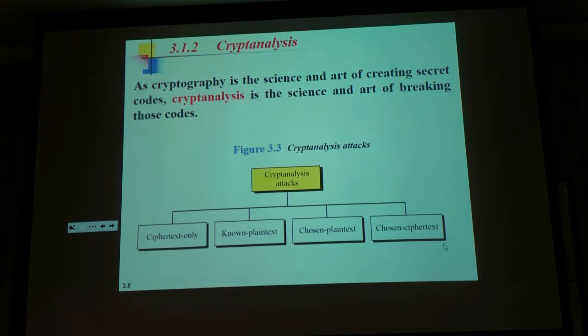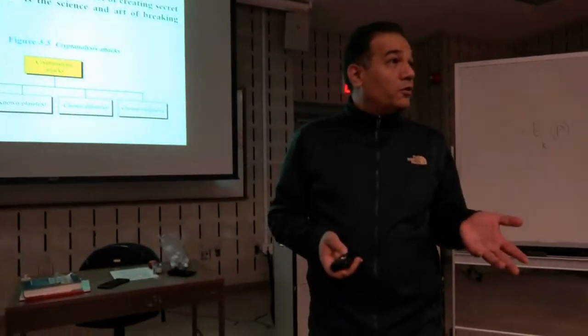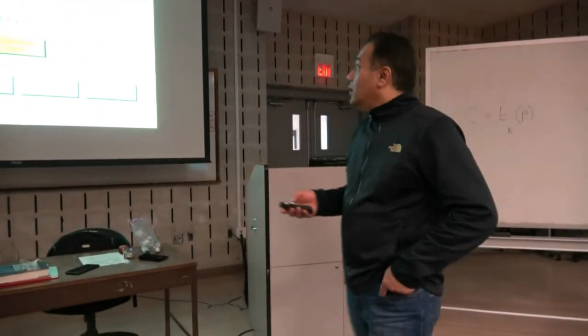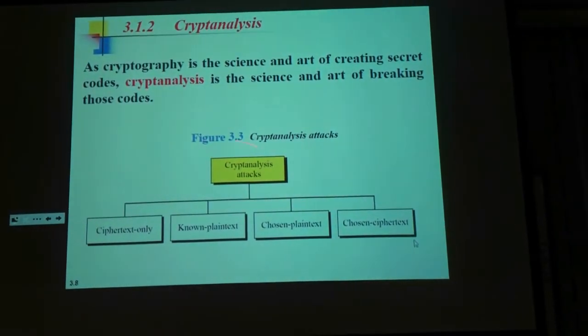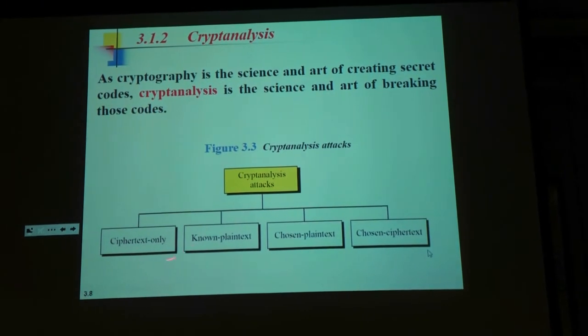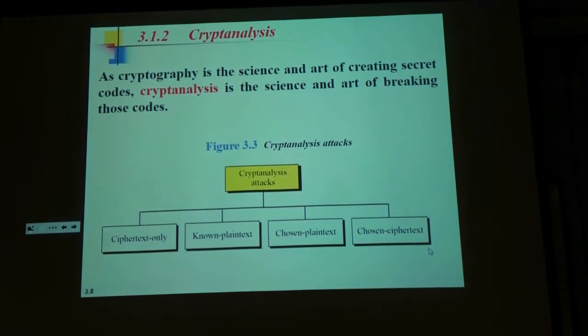So let's talk a little bit about cryptanalysis. What is cryptanalysis? Trying to break the encryption to get the data. Cryptanalysis attacks can be divided into four. In this book, they divided them into four: ciphertext only, known plain text, chosen plain text, and chosen ciphertext.